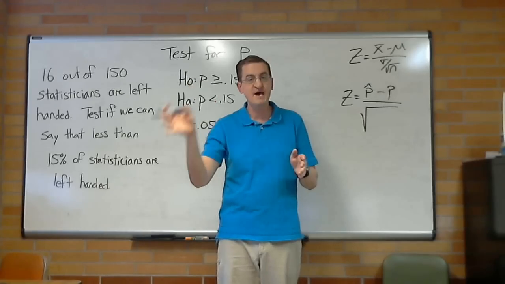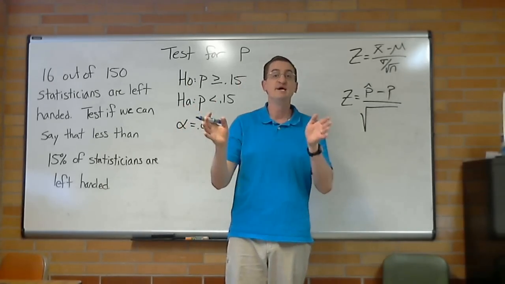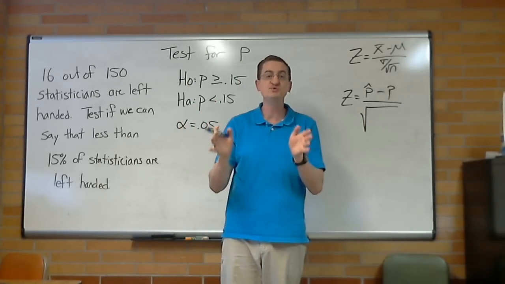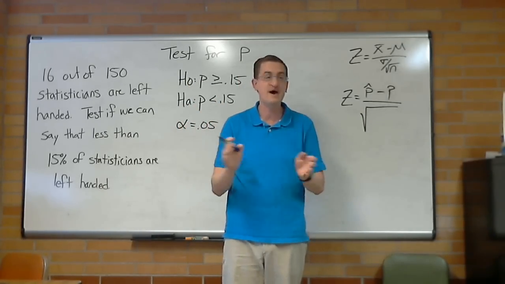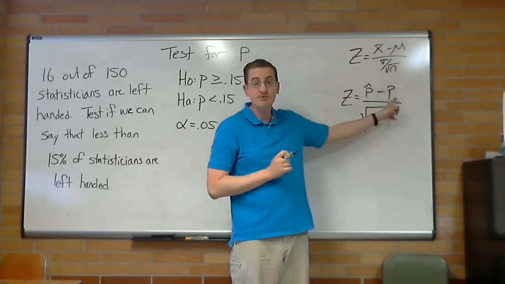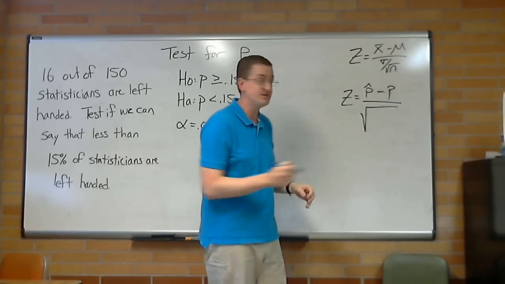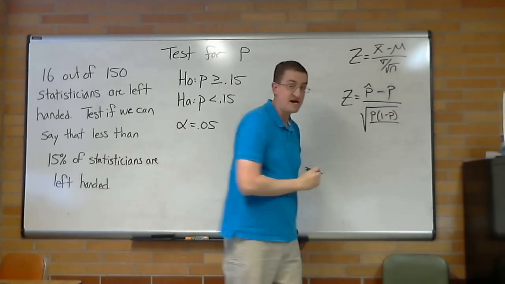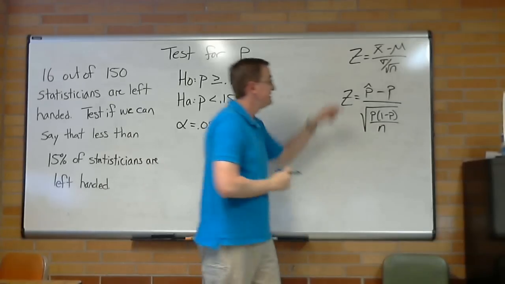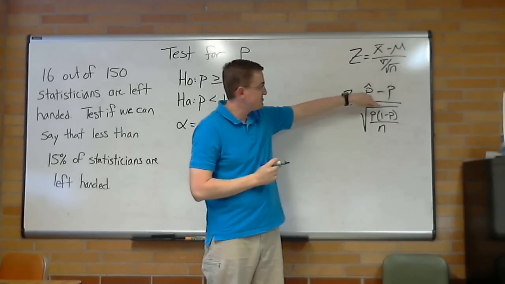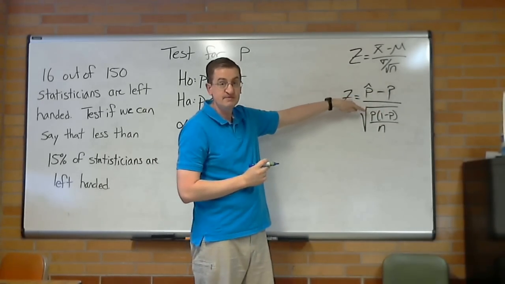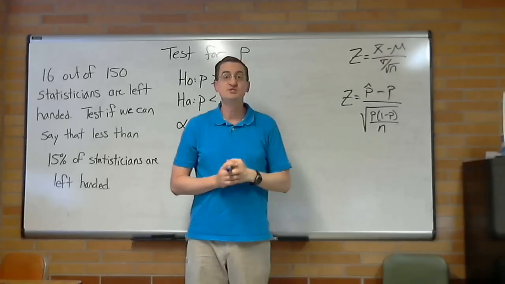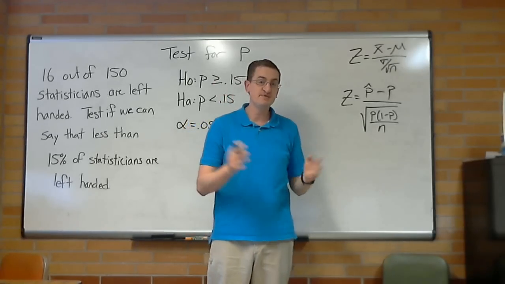Are we going to use p hat or are we going to use p? And the answer is you want to always use the best value that you have. And in this case, we have a parameter. That's the best thing we can use. So it's going to be p times 1 minus p without the hats over n. Here's x bar minus mu divided by sigma over the square root of n, and here's our new sigma. So same method, just a little bit different equation.